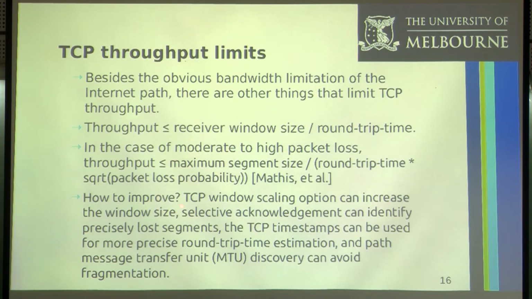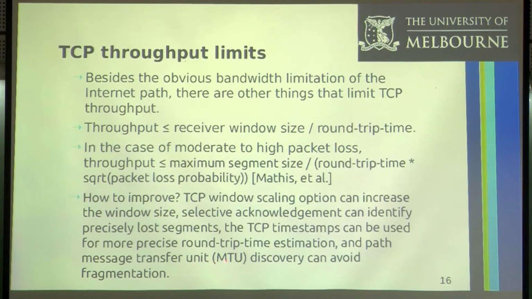So you can improve things by scaling the window size we talked about. You can have selective acknowledgements, another part of the TCP protocol, where you can selectively acknowledge things that were an error. Timestamps on TCP can be used not just for the TCP protocol, but also for round trip time estimation, which is important for some of these things.